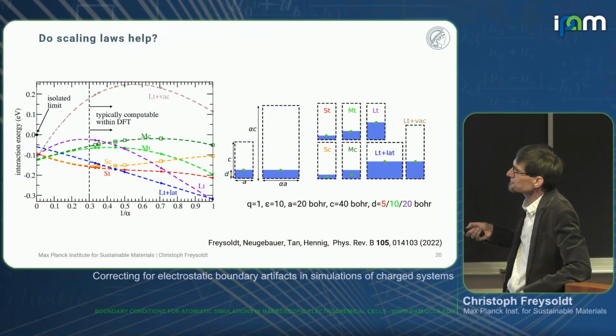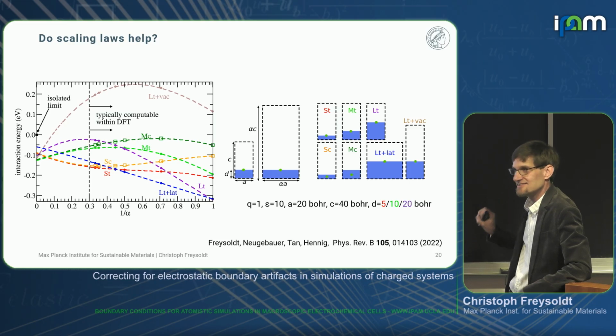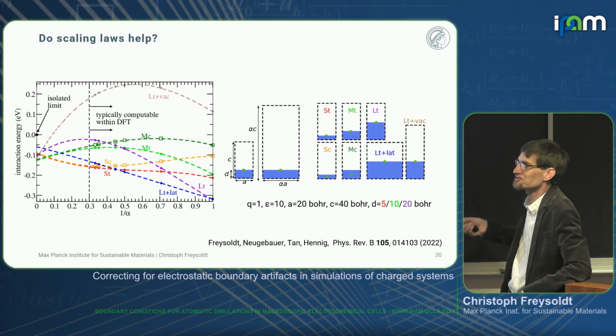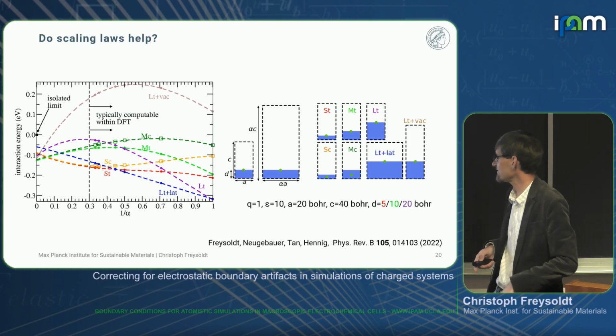This is the true answer, and all those extrapolations go wrong. The fits look perfect. You would not see a single problem by just looking at the fits. So you really need to understand the electrostatics of those systems before you start to apply empirical corrections, because they can be highly misleading if you don't know what you're doing.